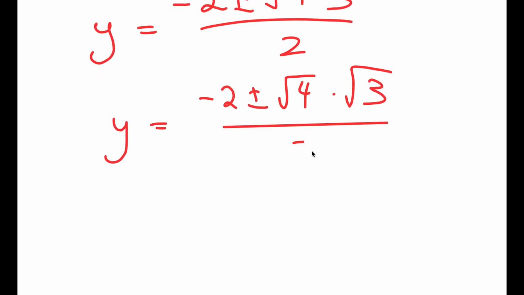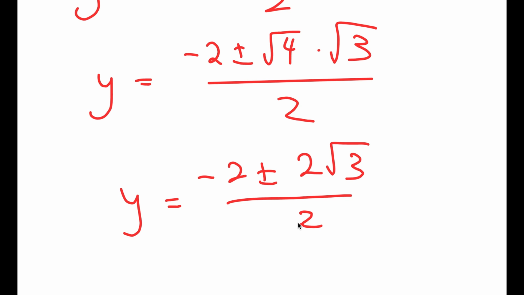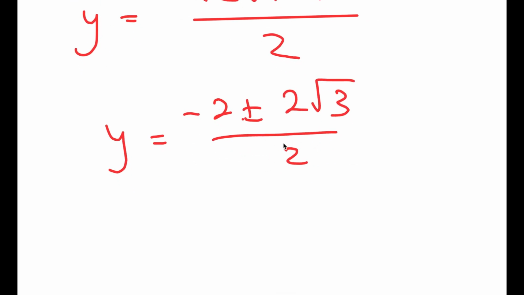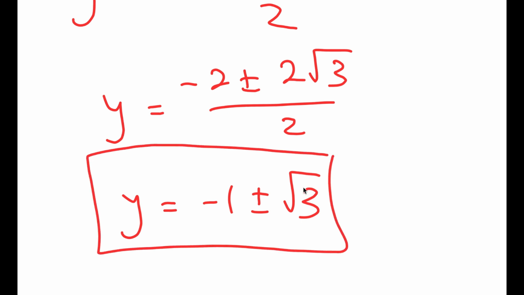Now, as you all probably know, the square root of 4 is equal to 2. So I get negative 2 plus or minus 2 root 3 over 2. And finally, all I need to do is simplify this by dividing both these terms by 2. So I get y equals negative 1 plus or minus the square root of 3. So these are two solutions of y.